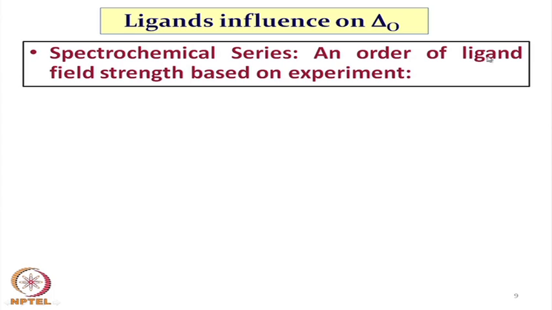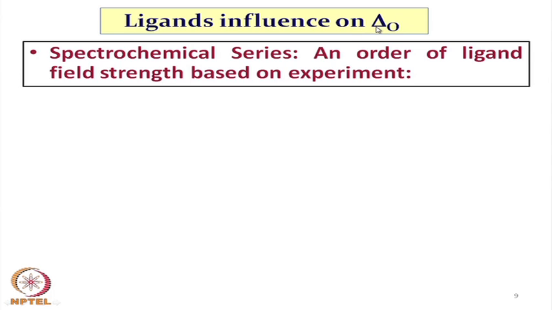So, we get an order of ligand field strength based on experiment, which is definitely experimental proof now, that we will be able to measure the corresponding lambda values, and lambda values will tell us the corresponding energy values for the delta octahedron.